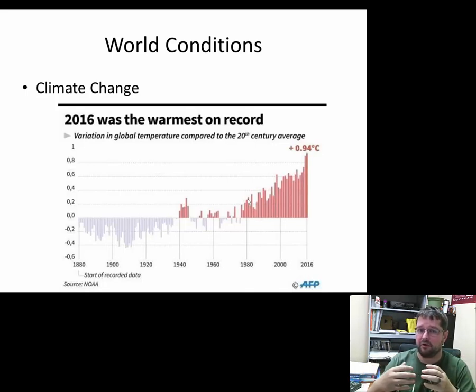It came on and is coming on much faster than any cycle we've ever been able to record. And regardless of if it's just a cycle, we still need to maybe not do something about it, but be prepared for what might occur because of it.